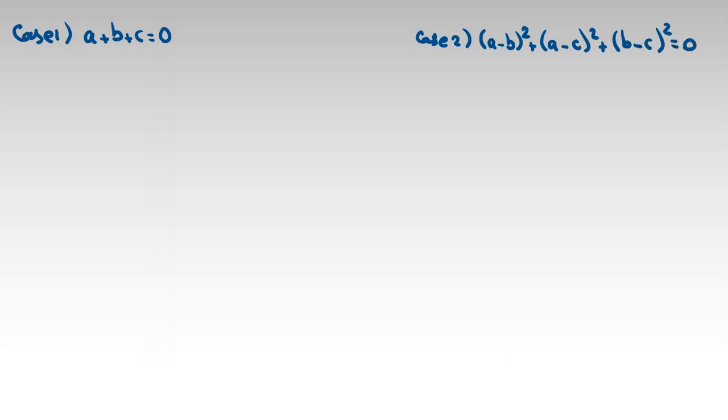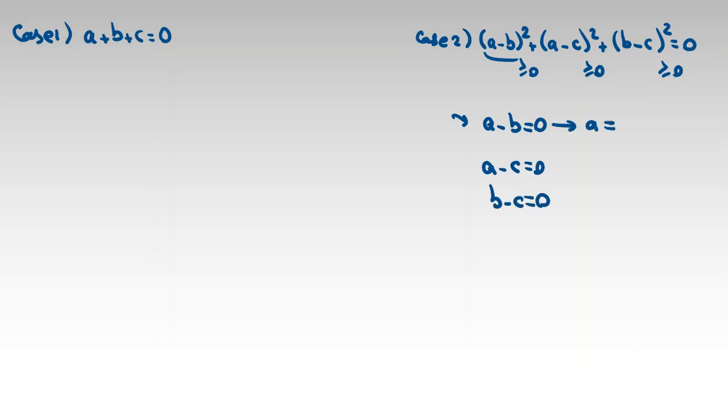Because all of them are perfect squares, each of them is at least 0. So when the sum of them is 0, we conclude each of them is 0. Because if one of them, for example a minus b, is not 0, then a minus b squared is positive, and here we don't have a negative to cancel that. So a minus b is 0, a minus c equal to 0, and b minus c equal to 0.